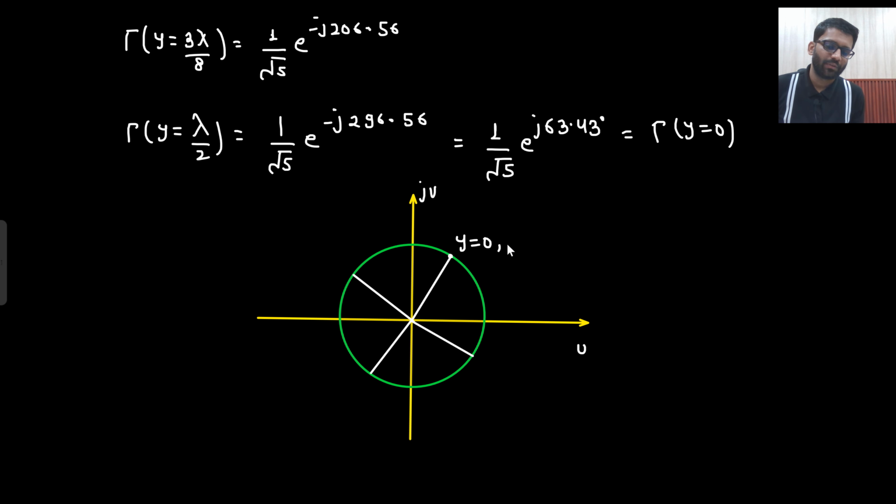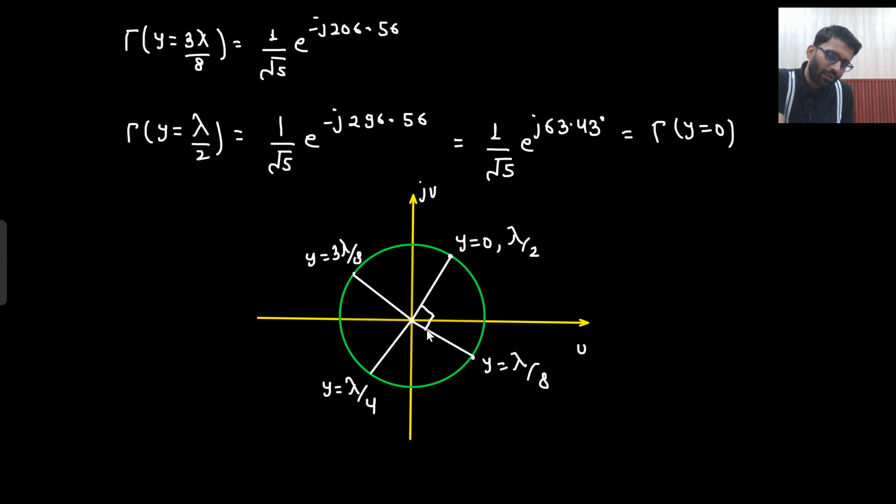So this was your y equals to 0 and lambda by 2. This was your y equals to, not lambda by 4, sorry, this was y equals to lambda by 8. And this was your y equals to lambda by 4, and this was your y equals to 3 lambda by 8.